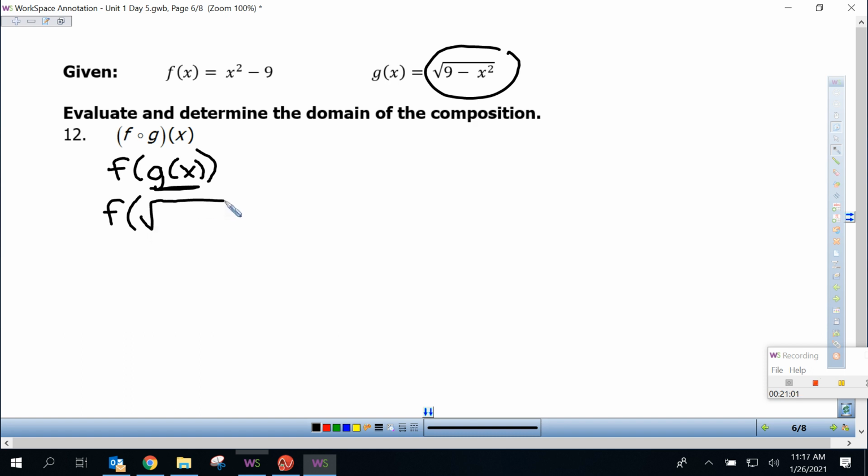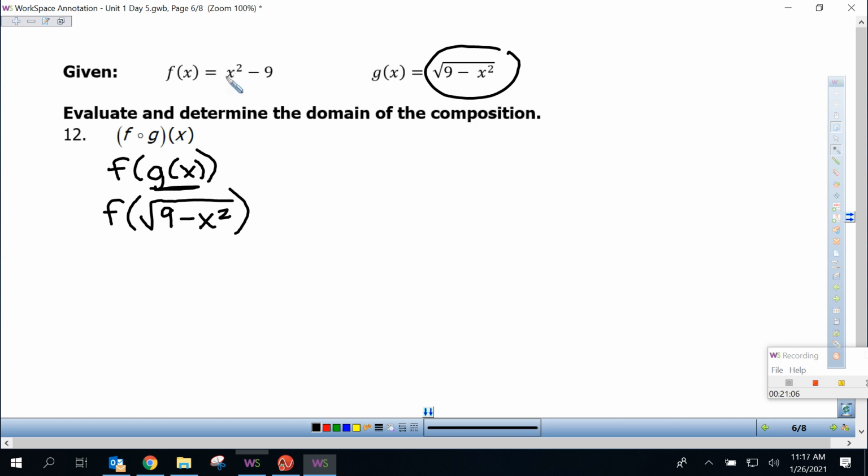9 minus x squared. So I'm just replacing g of x with what it equals. Now I need to go to f's equation, and wherever I see an x, I need to replace it with g of x's equation.